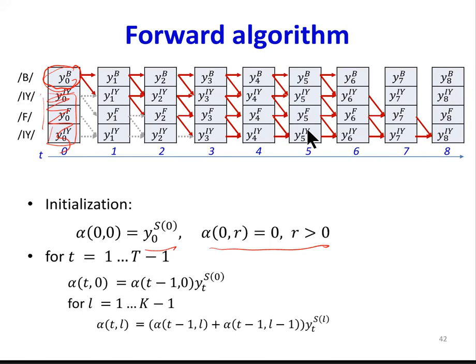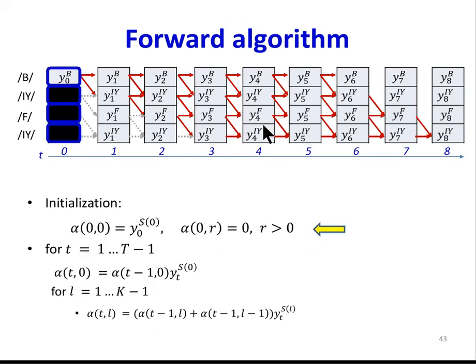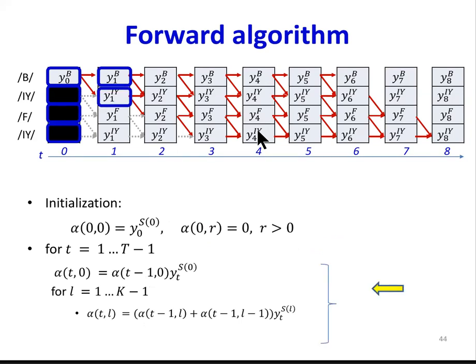So now I can compute my alphas for all of the nodes in the first column. 4 computations, right? Then I can go left to right. So these are my alphas for the first column. Then using the alphas for the first column, I can just use my formula, which says that for each node, I can just go down this column. For each node, I'm going to sum the alphas of all parents of the node.